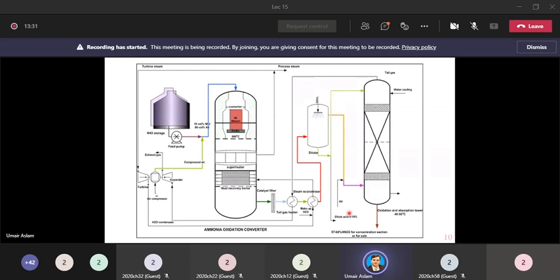If the customer demands a nitric acid having 9 to 10% concentration, then we can provide him with this concentration. And if the demand is high, the customer wants a highly concentrated nitric acid, then instead of this diluter, we will directly introduce this stream into the absorption column, which is this one.